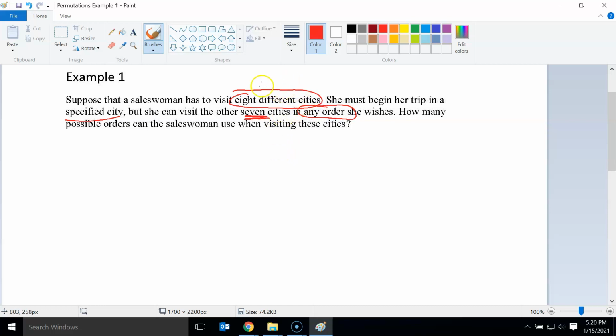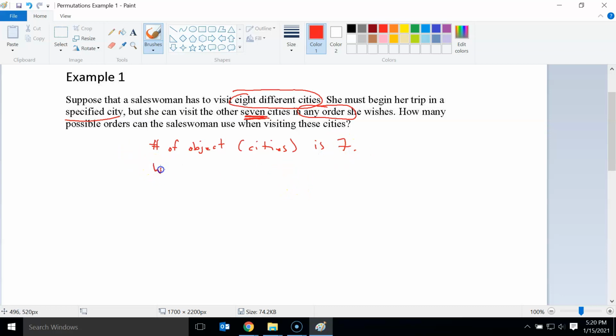So at first glance, it looks like the number of objects that we are working with would be 8, but continuing to read the example, we could see that the number of objects, which in this case would be cities, is 7.